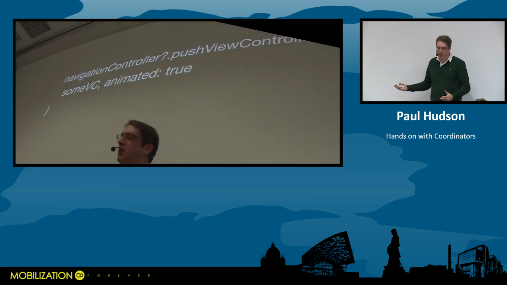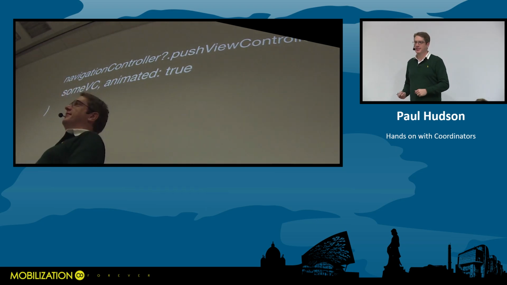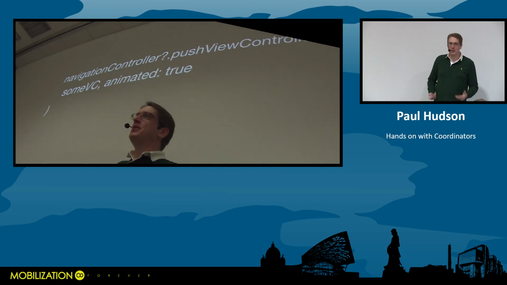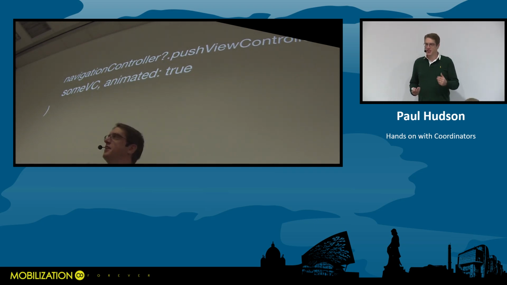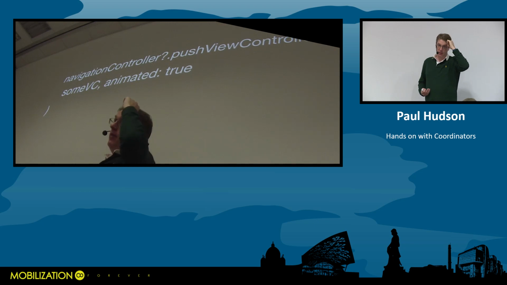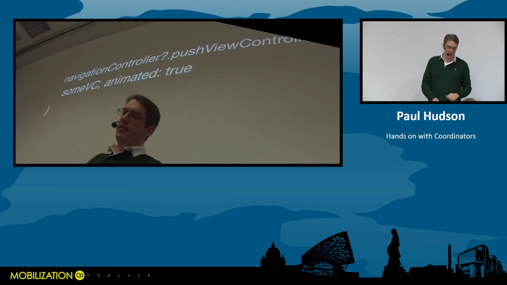navigationController?.pushViewController(someViewController, animated: true). This is like something you learn in iOS 101 school, right? We do this a lot. This is mysteriously a child reaching into its parent and saying, please do something for me. But it's more insidious than that. It's more problematic than that.